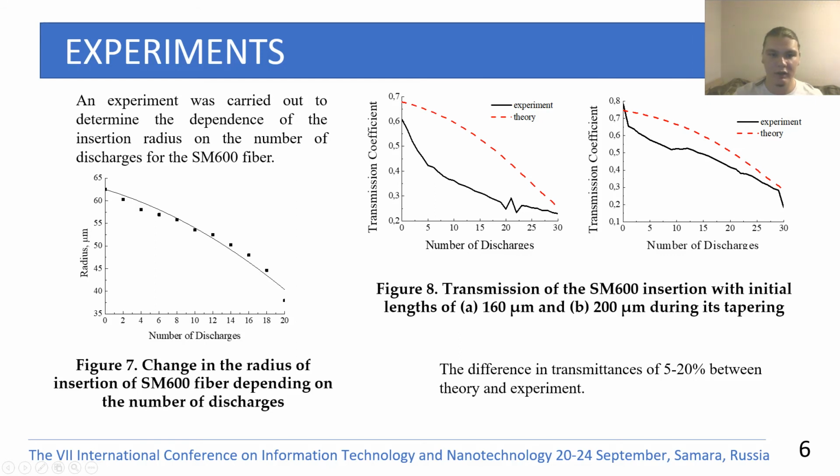From figure 8, it can be observed that the behavior of the theoretical and experimental curves is similar. This shows that the theoretical model corresponds to a real experiment. The difference in transmittances of 5 to 20% between theory and experiment can be caused by splice losses.